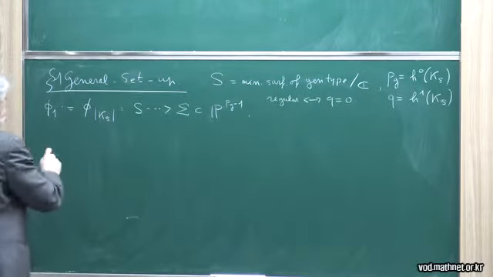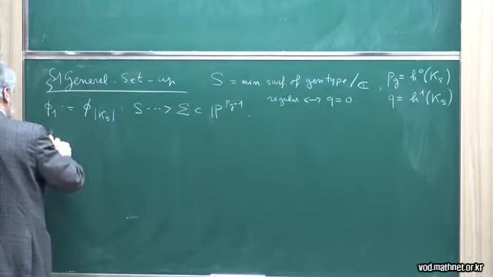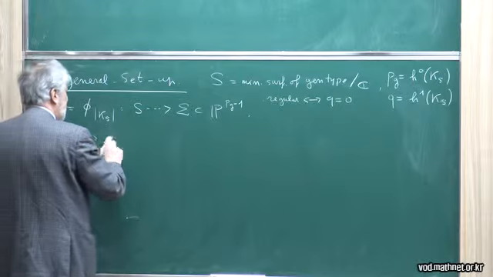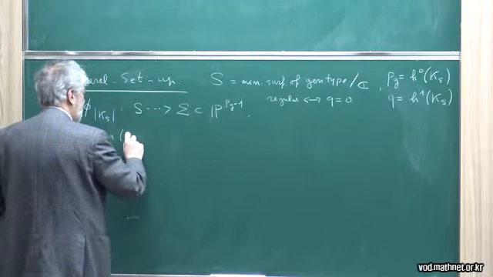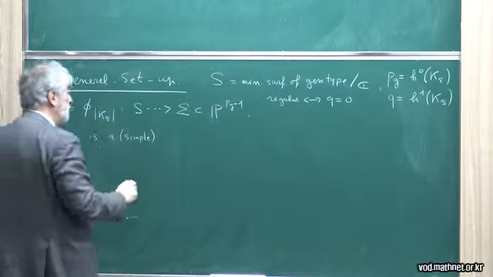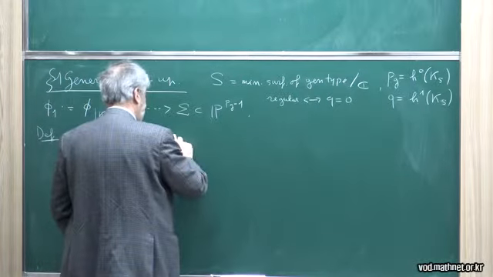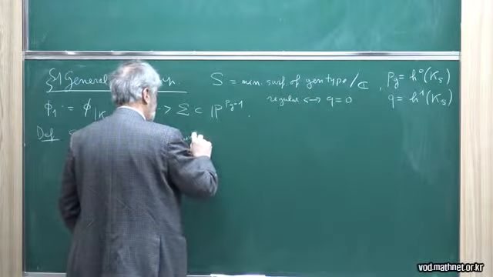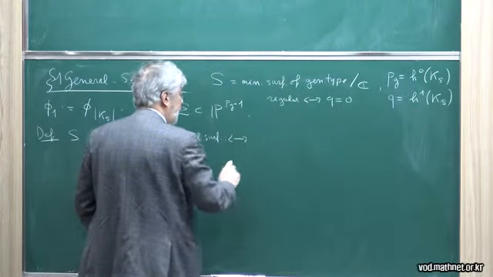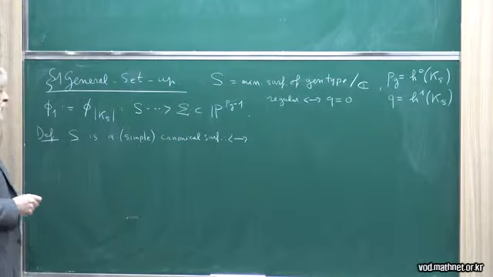And there is a definition that S is a canonical surface, or a simple canonical surface, and this means that phi_1 is birational.